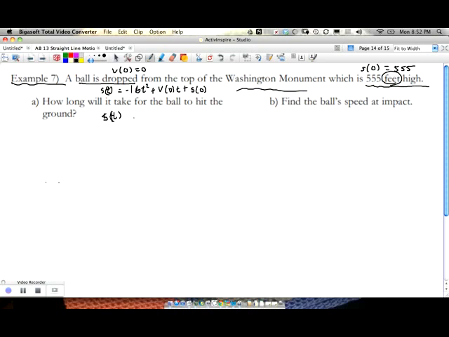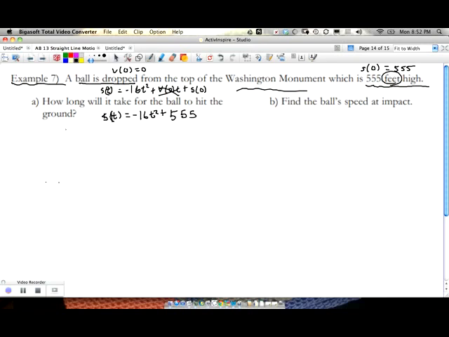Looks like the computer's slowing down a little bit here. S of t is going to be equal to negative 16 t squared plus our initial velocity is 0, so that second term there is out, plus 555.